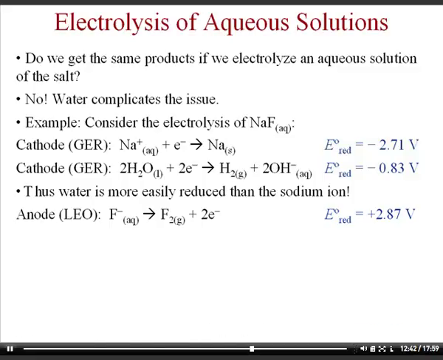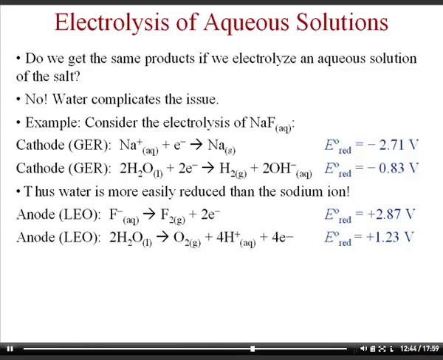And at the anode, the fluoride ion is trying to turn into fluorine gas, but water is also trying to turn into oxygen. If you look at the reduction potential for the oxidation reaction, water has a less positive reduction potential, which means it's going to be losing the electrons more readily than fluoride ions losing electrons.